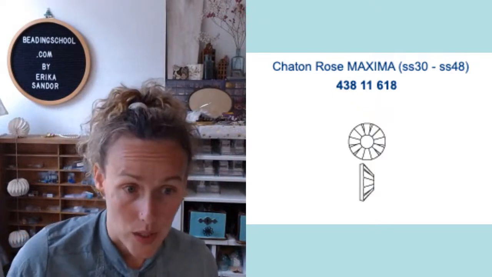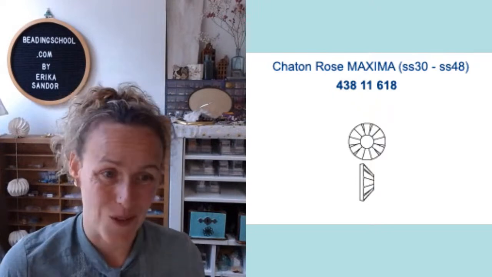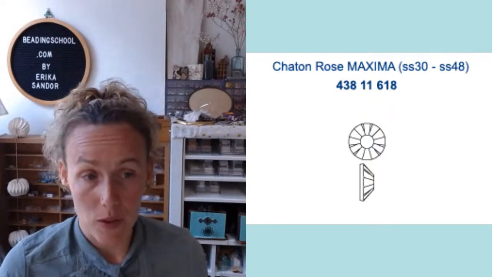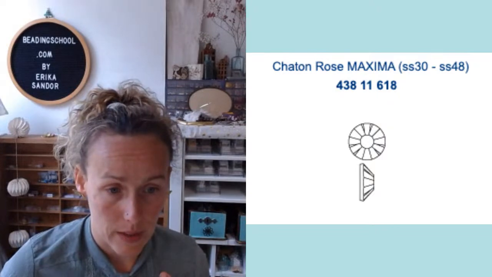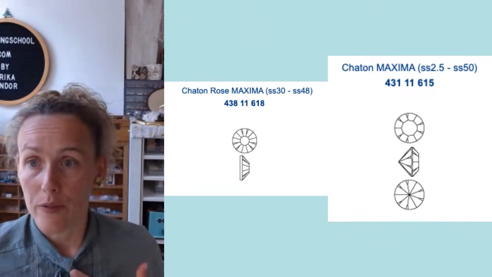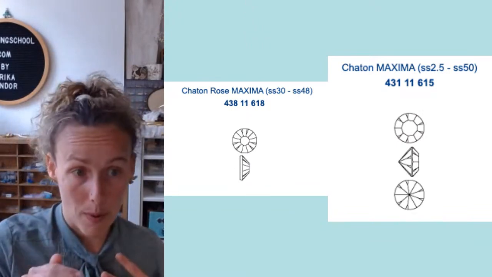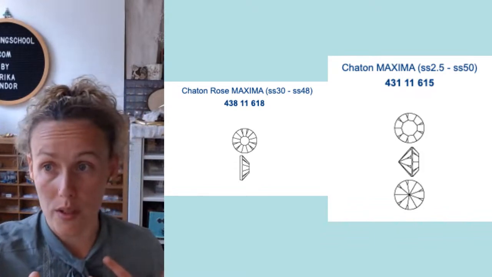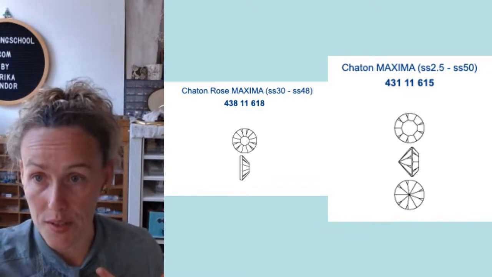So these crystals are a relatively new addition to our stash. From the top, they resemble a chaton. Let's get back to the chaton picture, with the chaton having a bigger smooth part, a bigger smooth circle in the middle of the top side of the crystal.